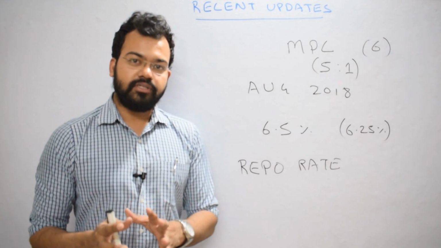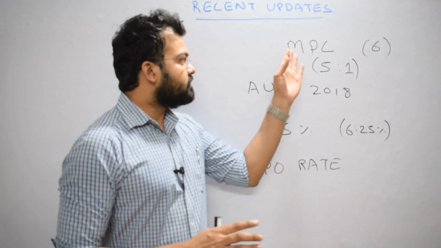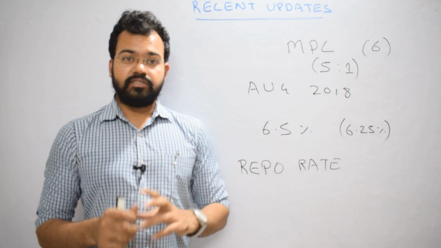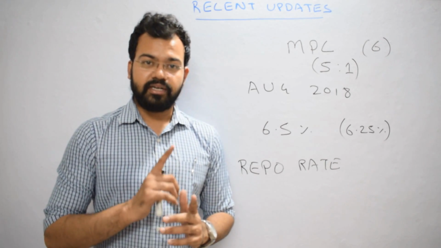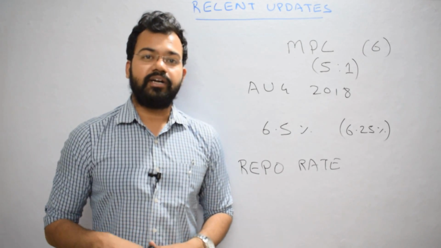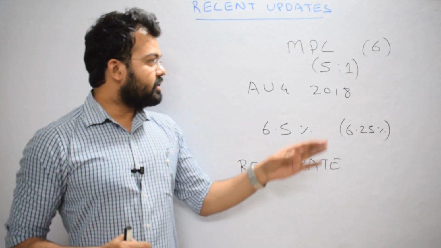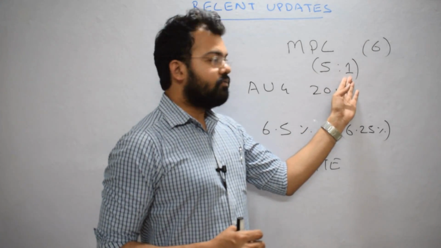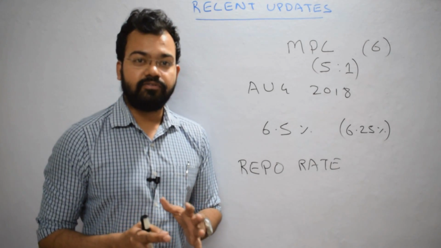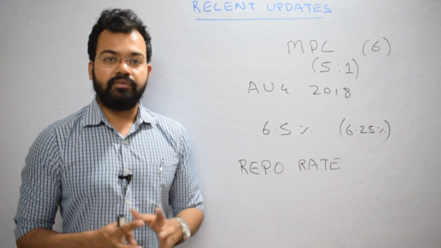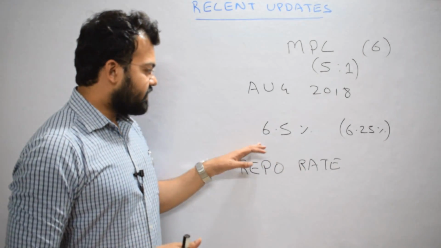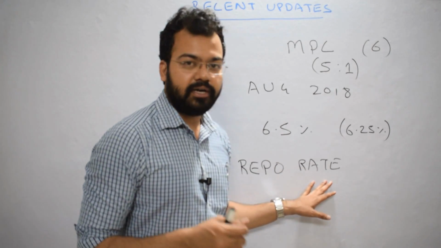At that time too, the 6-member MPC voted mostly in one direction, in favor of the hike. But one member voted against it, which means there are certain discussions among the members of the Monetary Policy Committee. So this repo rate is a very important policy rate.